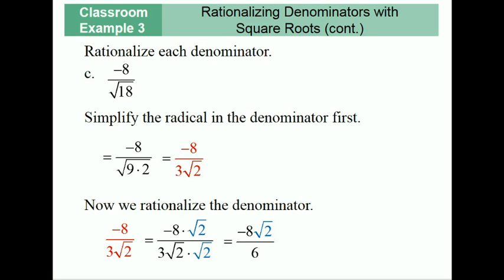So if you look, what happened in that denominator was, numerator seems pretty simple, but in the denominator we're taking the square root of 2 times the square root of 2, which is 2, right? So 3 times 2 yields 6. Now I think we're just going to reduce that fraction to negative 4 thirds times the square root of 2.